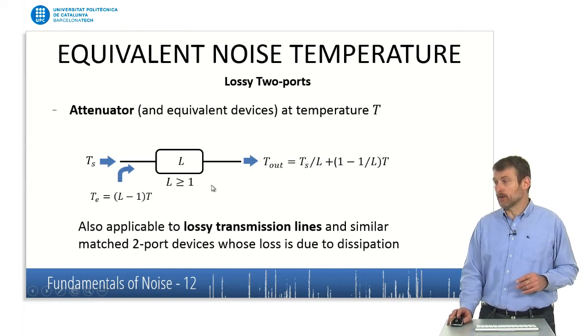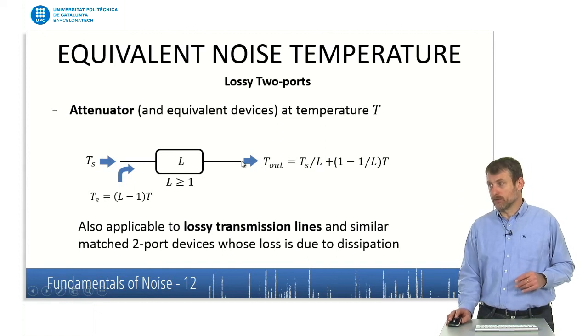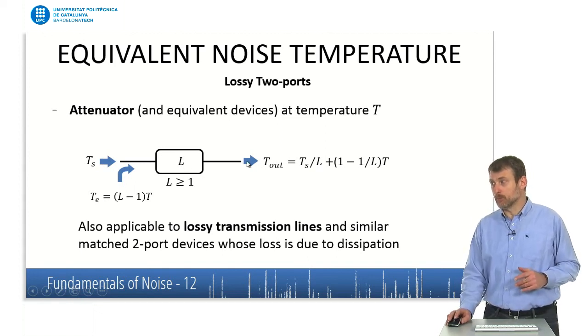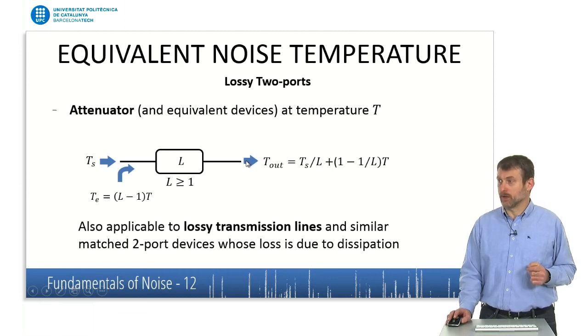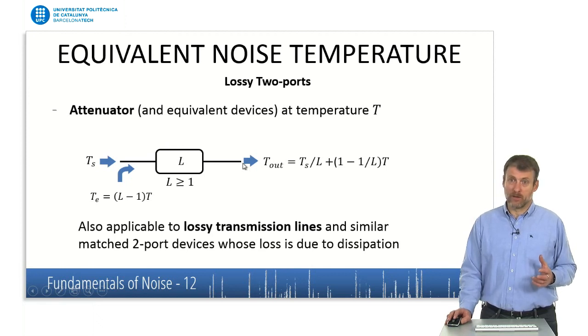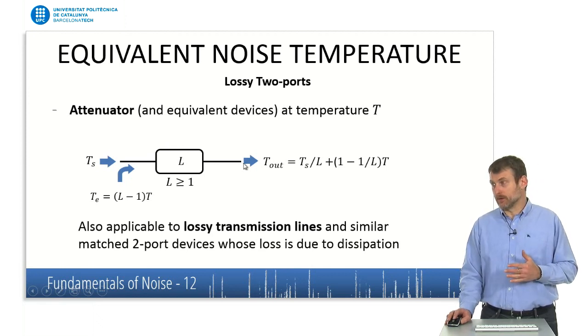On the other hand, the overall noise at the output has to be also equal to T, because if it's otherwise, what would happen is that, if everything is in thermal equilibrium, there would not be more noise power at the output than this.